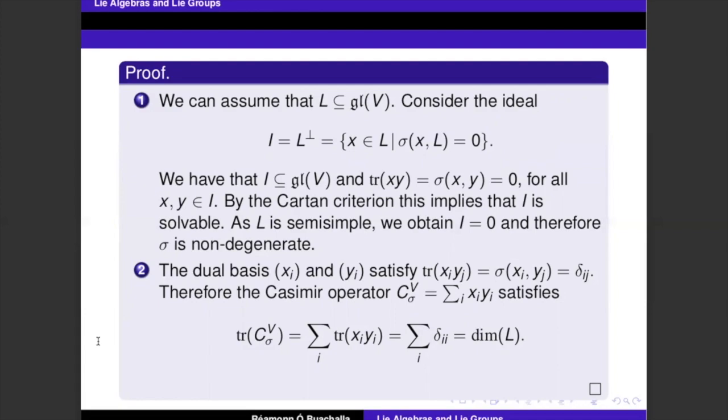So we're trying to show non-degeneracy. The existence of such elements in this ideal I is equivalent to degeneracy of the bilinear form. So we want to look at this ideal and then basically show that it's zero, and hence conclude that it's non-degenerate.